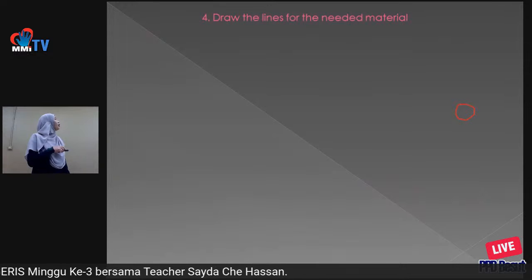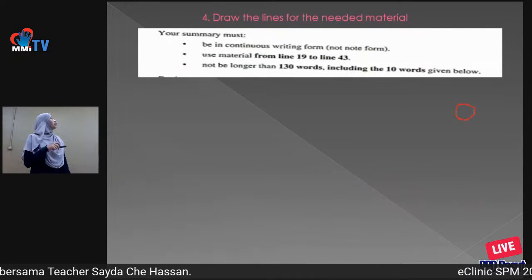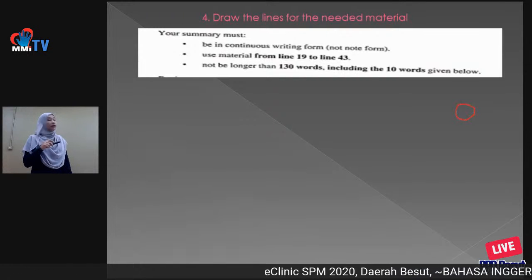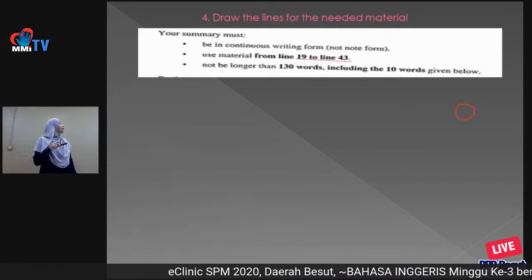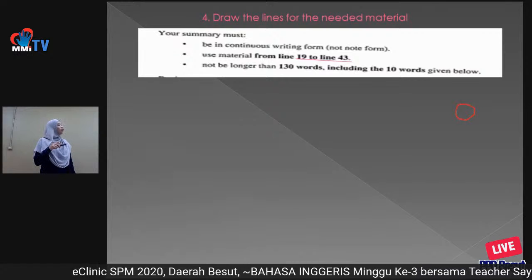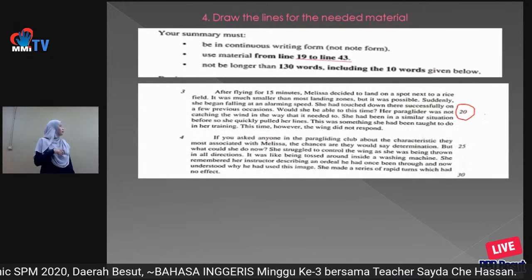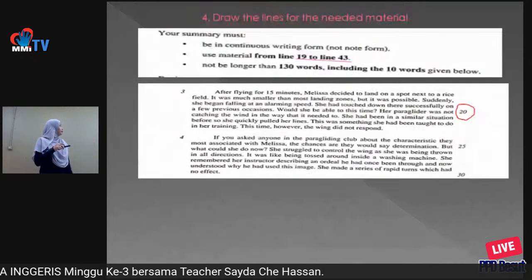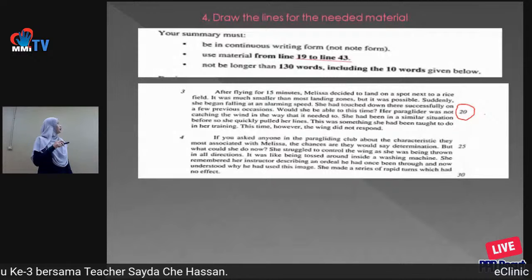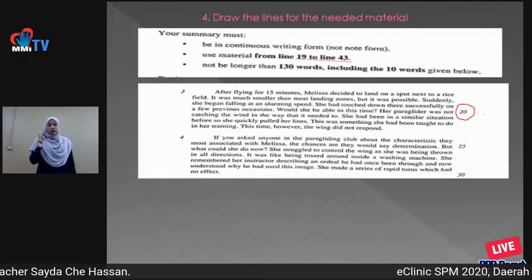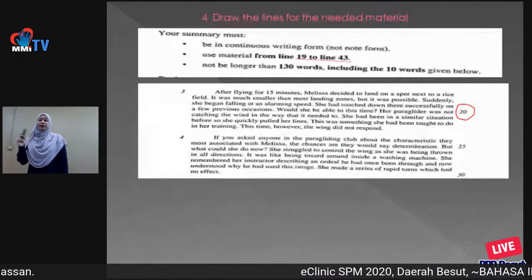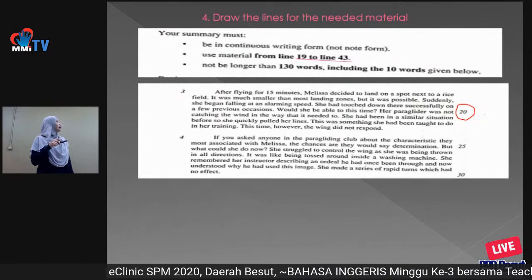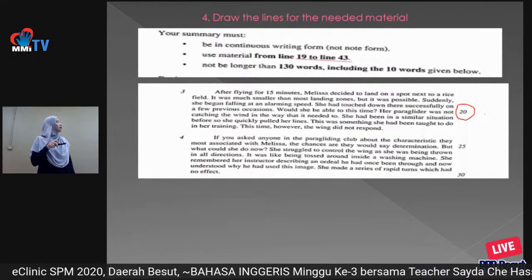So number 4, draw the lines for the needed material. It is everything in the question. The line is from 19 to 43. If you notice here, the paragraph is paragraph 3. So paragraphs 1 and 2 above, we don't use that material for the summary. Since it says line 19 to 43, 19 starts here.